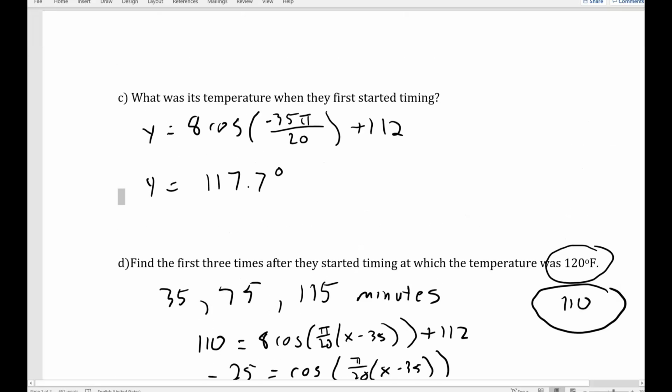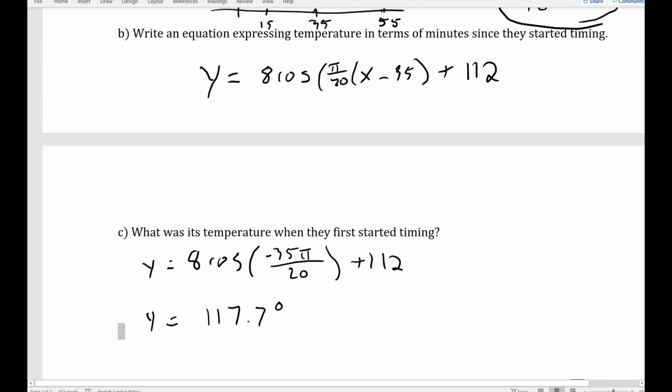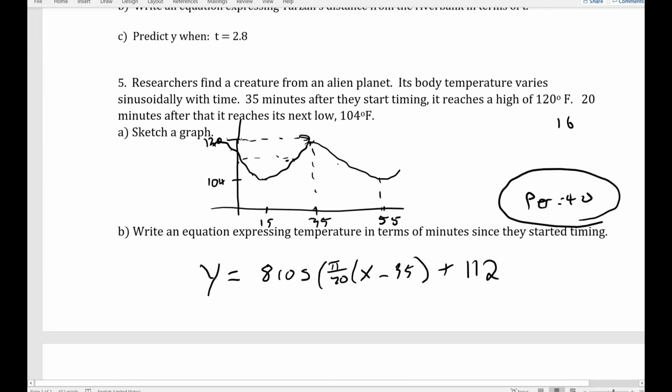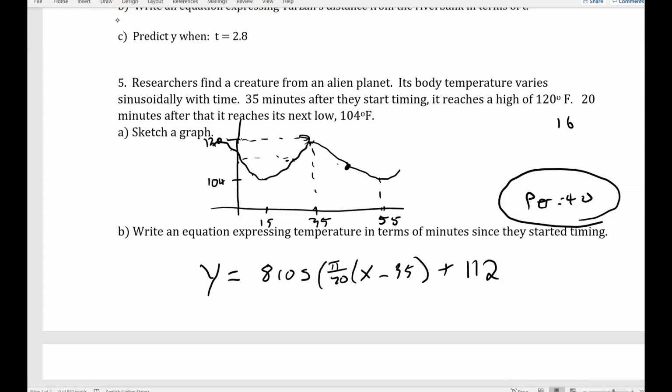So now let's go back up and look at our drawing. 46.6 would be in here somewhere, a little bit below the midpoint, so maybe right about there. We can tell just by looking at the graph that there's got to be another one over here somewhere, and then the next one is going to be beyond that.